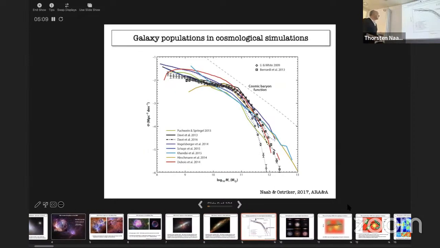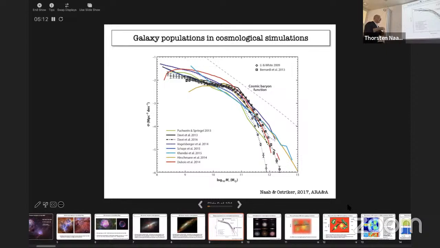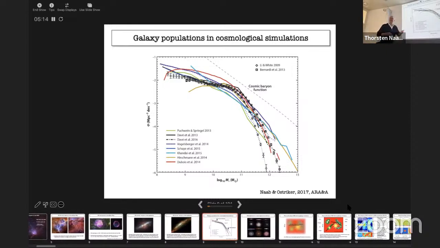Here is another galaxy with outflows. And here is the kind of consensus of what galaxy formation has been figuring out. This is the dark matter halo mass function, and this is the galaxy mass function. The black things are the measured ones, and here you see many attempts of cosmological simulations to reproduce this galaxy mass function.